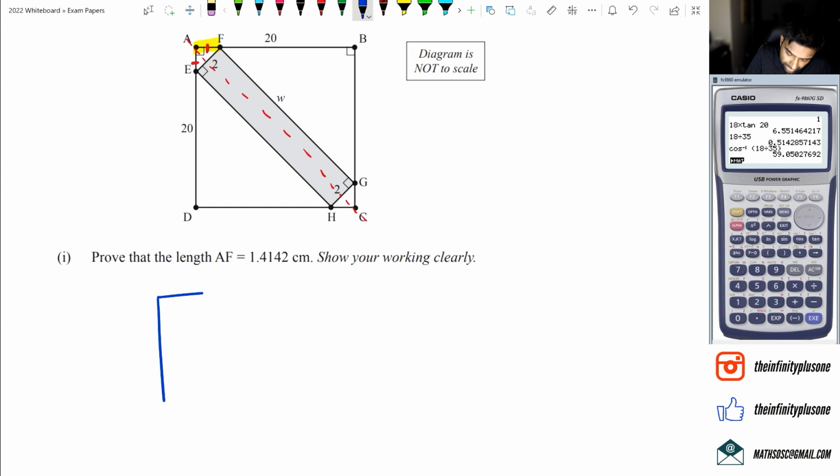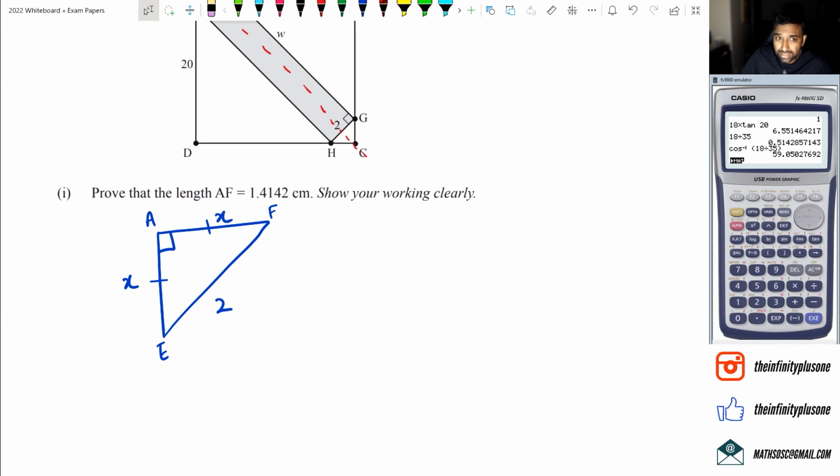There's a couple of ways of doing this. The first way is through Pythagoras. So I could say this is the length AF, and this becomes AE, and this is 2. Both of these sides are equal to each other, so I could use the Pythagoras theorem, because I could say this is x and x. With Pythagoras theorem, we've got a squared plus b squared equals c squared.